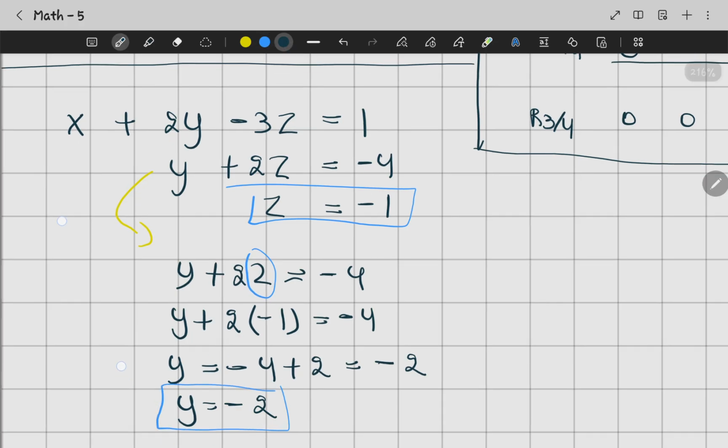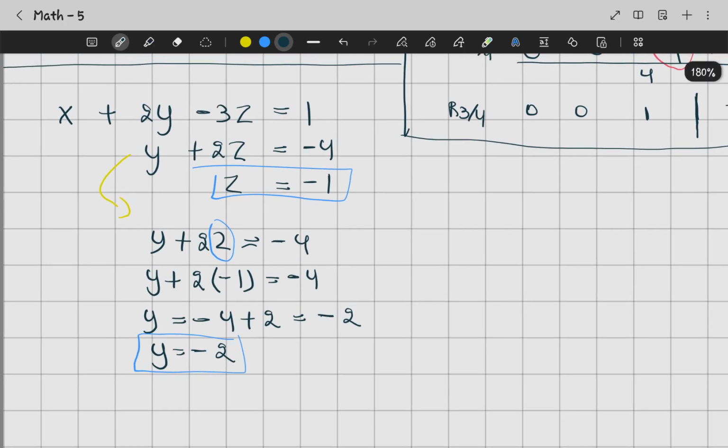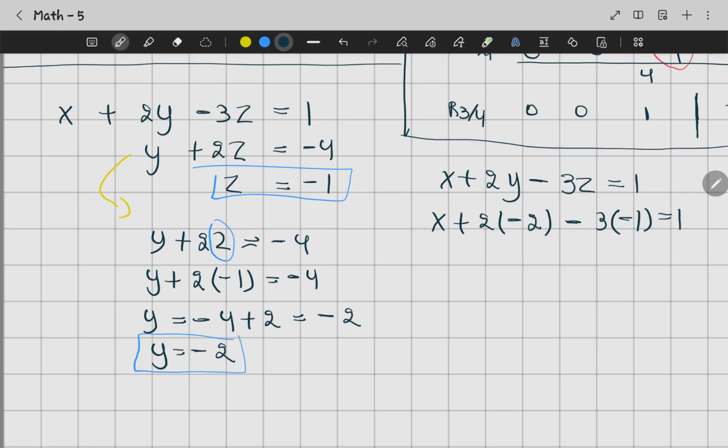Next, we're going to solve for x. In order to solve for x in this equation, x plus 2 times y, and y equals -2, minus 3 times -1 equals 1.